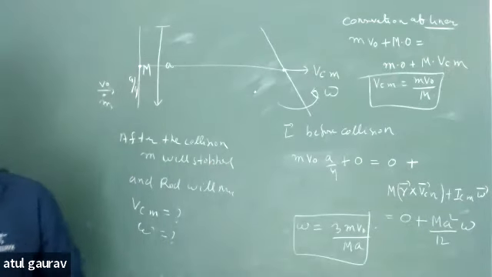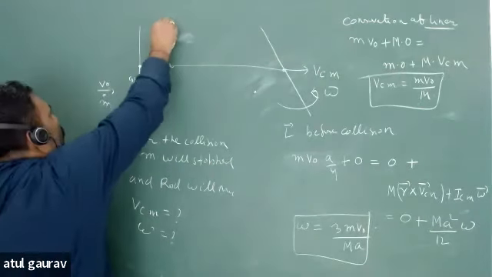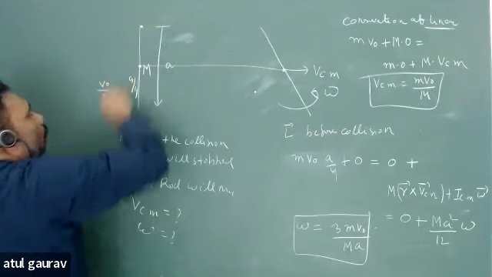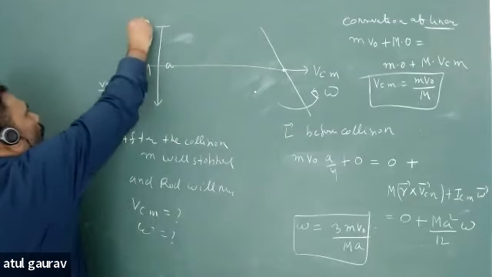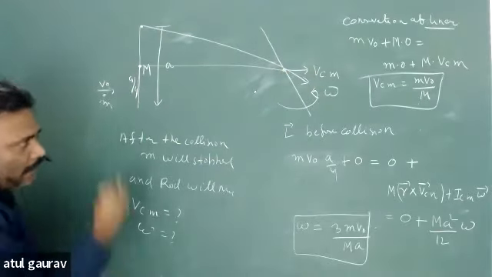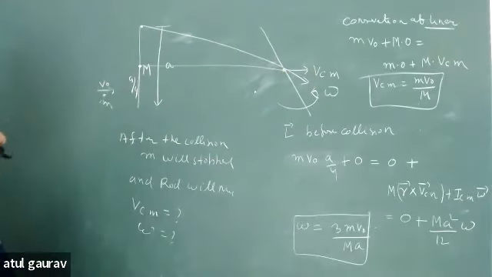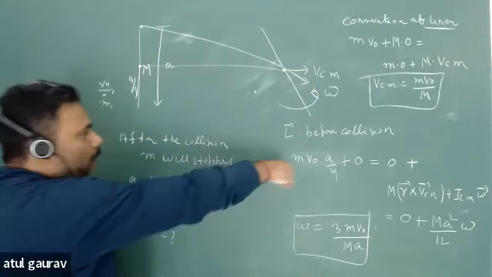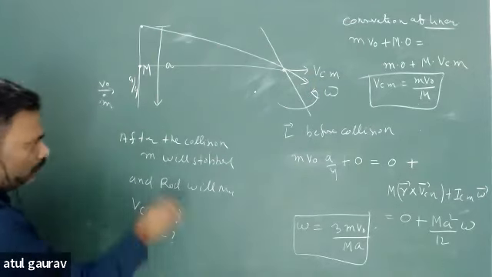Now अगर आप इस पॉइंट के अबाउट अगर एंगुलर मोमेंटम कंजर्व करते हो, देन हाउ यू विल अप्रोच? जरा बताइए. फर्स्ट वाला क्या हो जाएगा जरा बताओ.